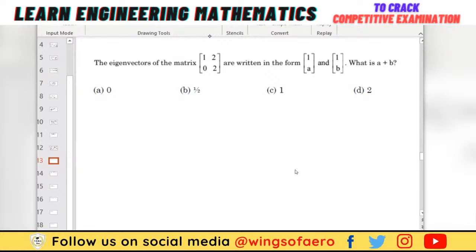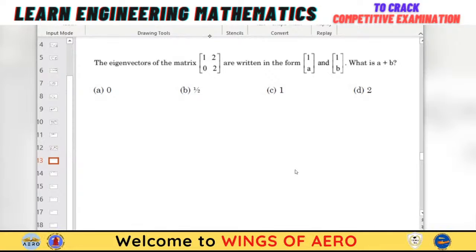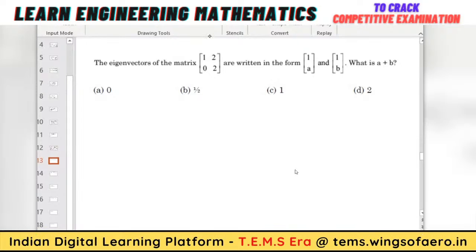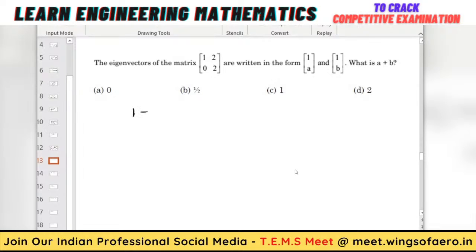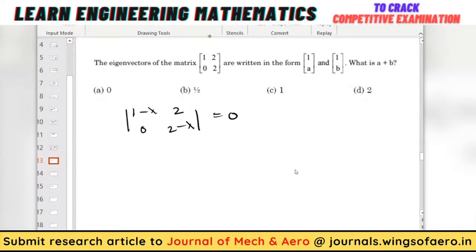You can get the A minus lambda term, or simply use the equation lambda square minus trace of A into lambda and so on. But I am using this: 1 minus lambda, 2, 0, 2 minus lambda. The determinant is equal to 0.